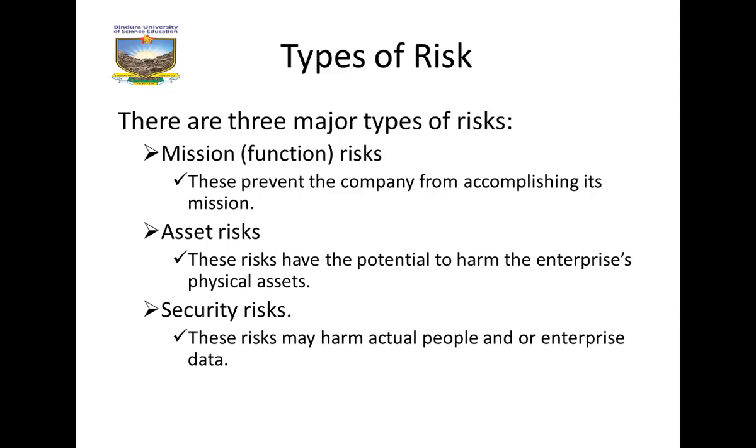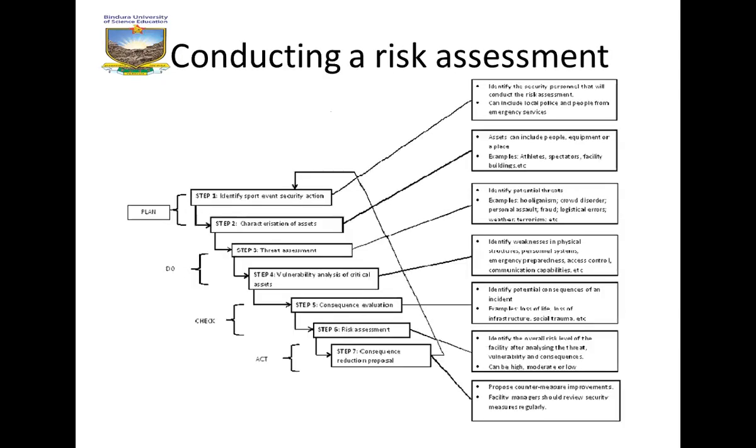Your asset risk is risk that has the potential to harm your enterprise's assets. It could be your employees or any of the other infrastructural assets that you have. Your security risks are risks that can harm actual people or enterprise data.